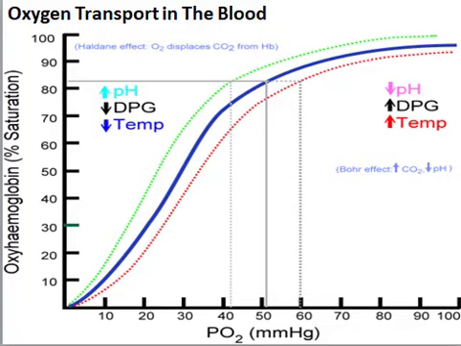Why should we understand this point? Because when hemoglobin brings oxygen from the lung to the other tissue, the distribution of oxygen to the tissue is not random.